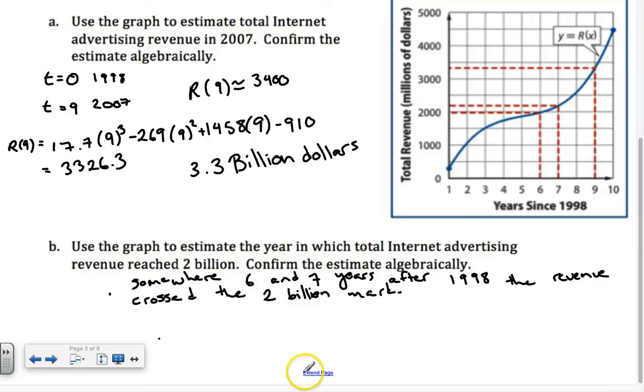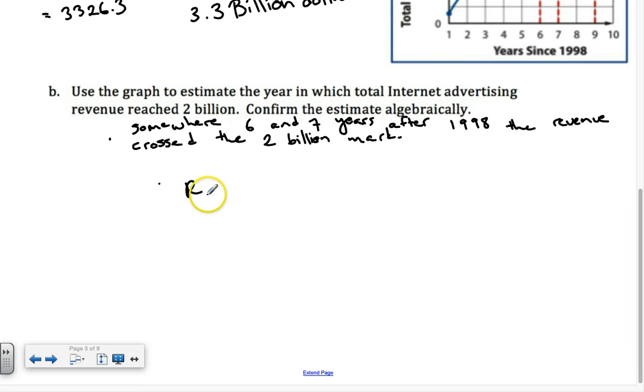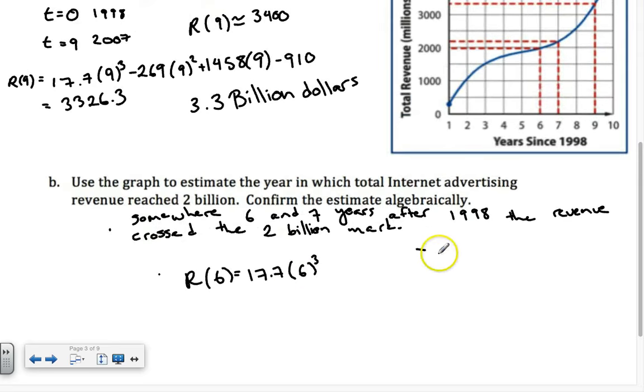So I'm just going to show you that R(6) would be 17.7 times 6 cubed, minus 269 times 6 squared, plus 1458 times 6, minus 910.